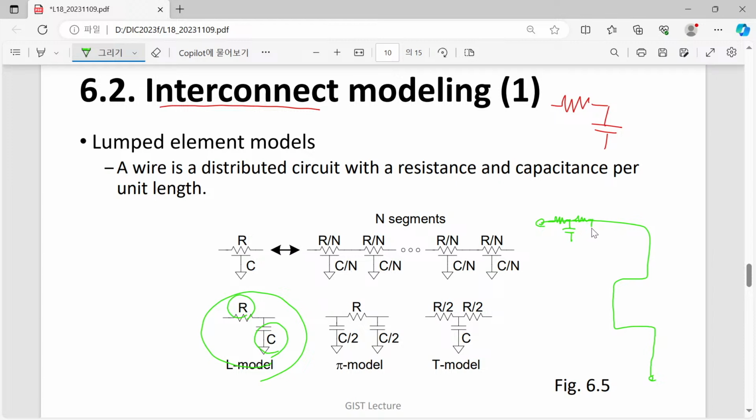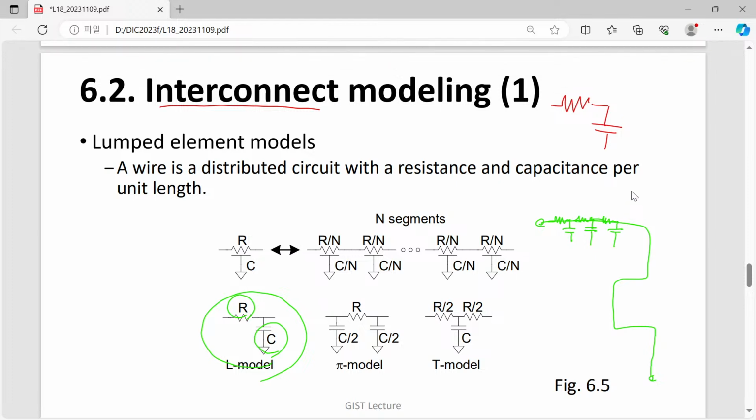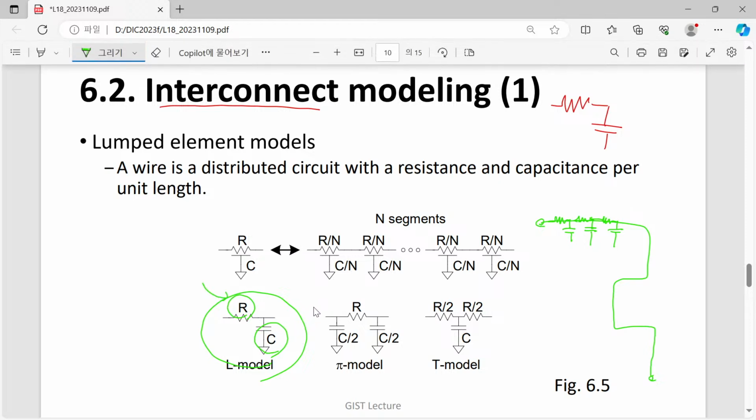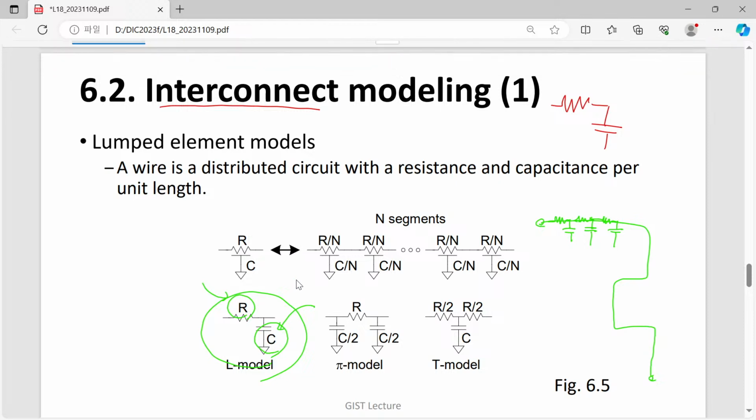Then the propagation over this distributed RC network is quite easy to consider. You can do it quite well. So now we must consider how to reduce resistance and how to reduce the capacitance. The resistance first, and capacitance the rest will be discussed in this course.